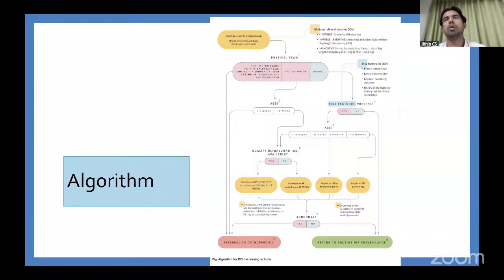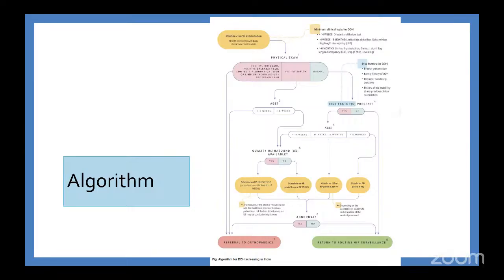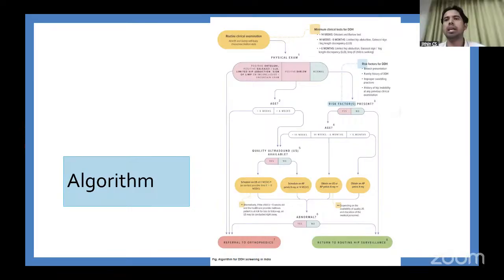And if it is abnormal, we definitely need to refer the case to an orthopedician. But if risk factors are there and the clinical screening is negative, then also we need to carry out further clinical tests to not miss a case of DDH.